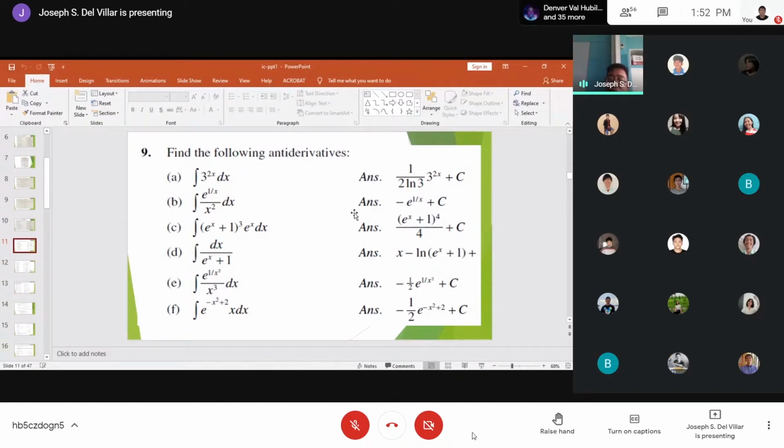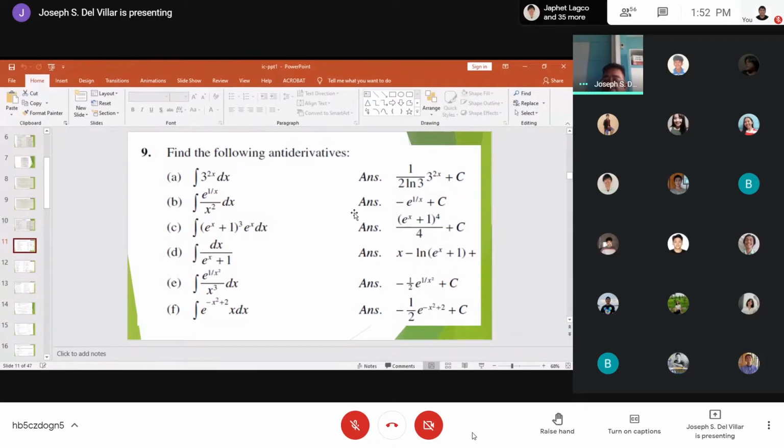Okay? If you do not want your answer to have a denominator, then make use of the fraction 1/4 in front. Okay? As the coefficient. Okay? So 1/4 times closed quantity e to the x plus 1 raised to the 4th plus c.